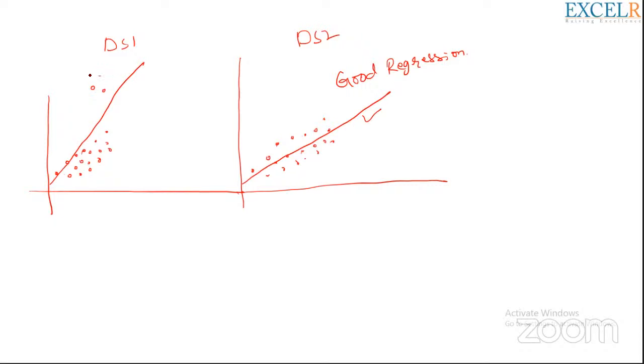Because of these two data points in the data set, these two data points are pulling the regression line towards themselves, and in maintaining the lowest error, this regression line has to move towards them also, right? So because of only two data points, this regression line slope has been increased. When you say slope, if it is more towards the y-axis, then slope is increasing. If it is more towards the x-axis, then slope is decreasing. That is the idea of the slope, right?